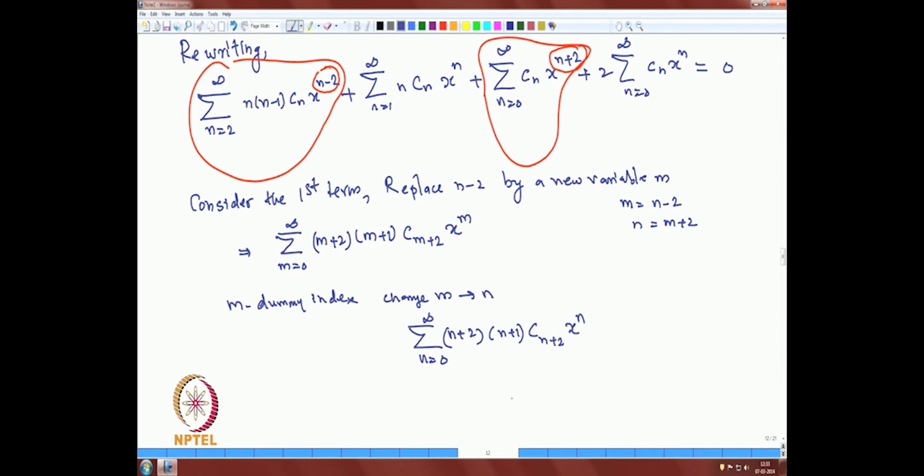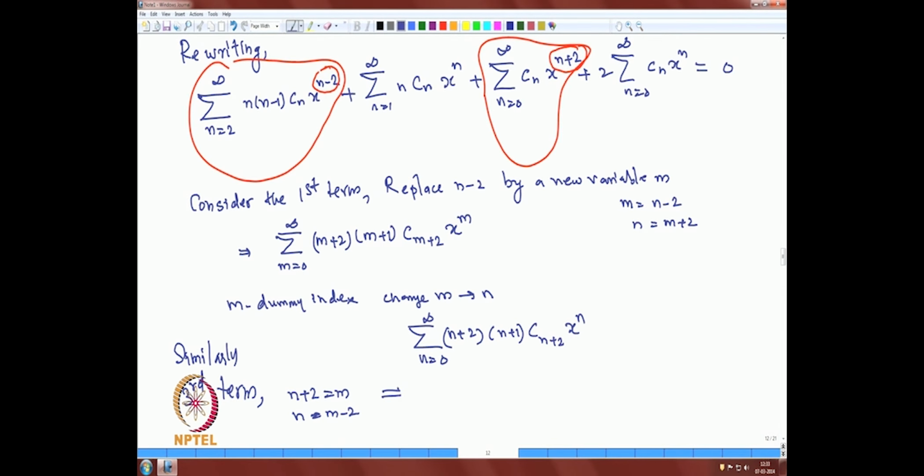And similarly, if you do the same thing for the third term, that will make n plus 2 equal to m, or n equal to m minus 2.